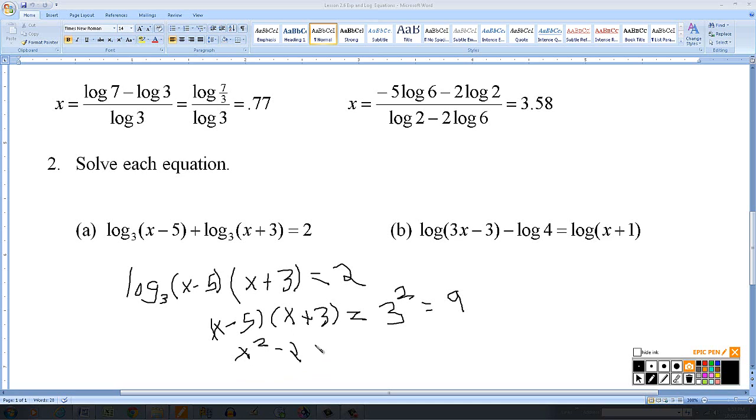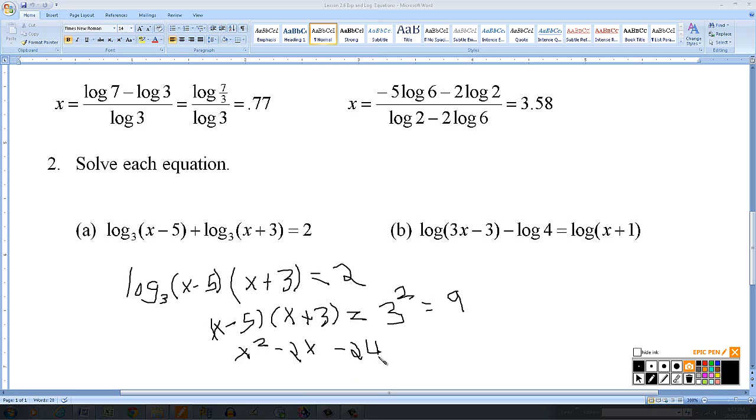And then 3 times a minus 5 is minus 15 right here. Doing the full method here, x squared, minus 2x, 3 times minus 5 is minus 15, but then I have to bring the 9 over, so this will be minus 24. So that's equal to 0.